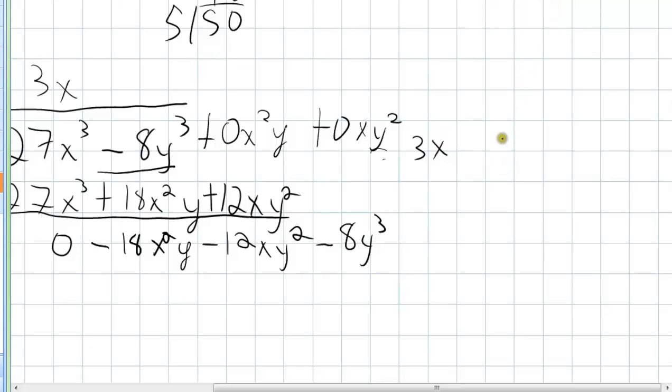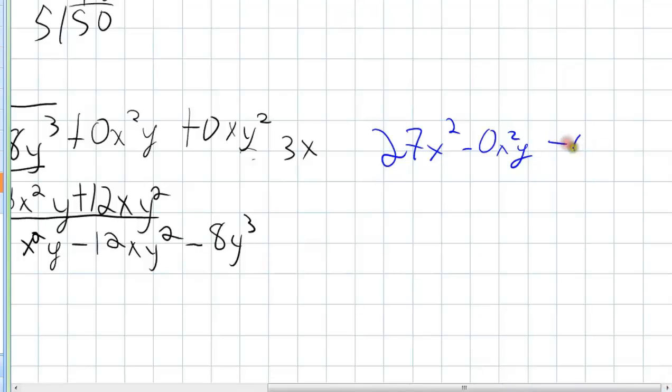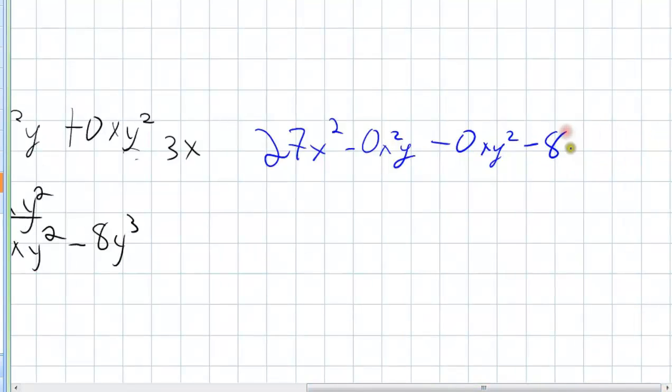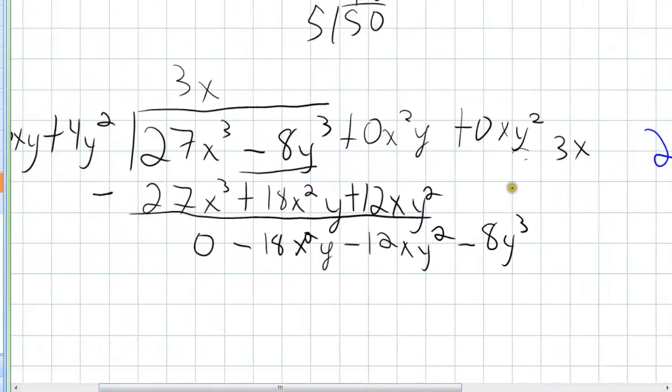So it would have looked like this: the 27x cubed minus 0x squared y minus 0xy squared, and then I would have said minus the 8y cubed. Okay, and then I would have done my subtraction, and then that way you can remember to bring the 8y cubed to the bottom when you're done subtracting, so you don't get it lost over here in your math. But if you can keep track of the numbers, then just go with it, okay?